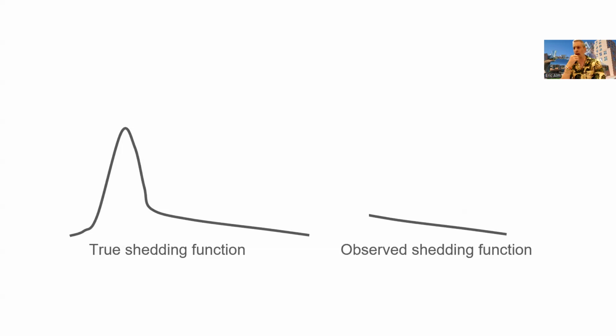And this is basically what we did: we worked backwards. We looked at the new cases, and we tried to estimate what is this function that describes how much virus people are excreting.